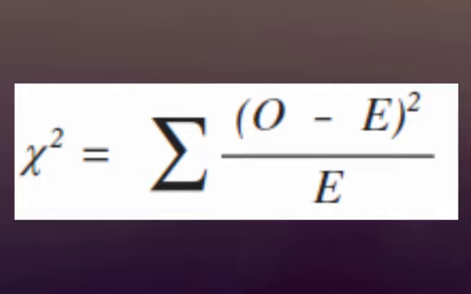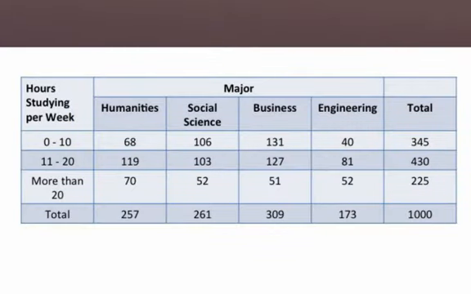In order to understand, I'll go back to this table. The first thing to understand is that for each observed frequency, I will have an expected frequency. If I'm looking at number of hours studied per week, 0 to 10 and humanities, observed frequency of 68, I need to calculate an expected frequency. How will I do that?